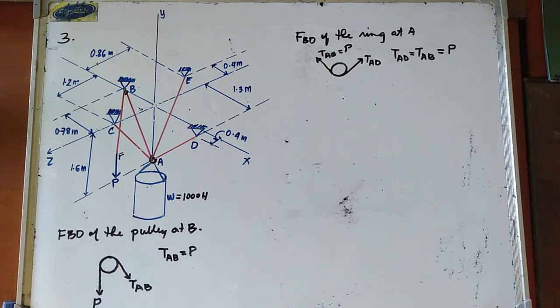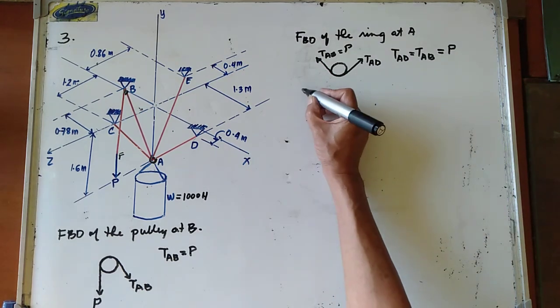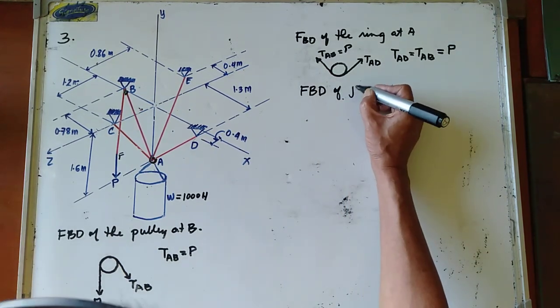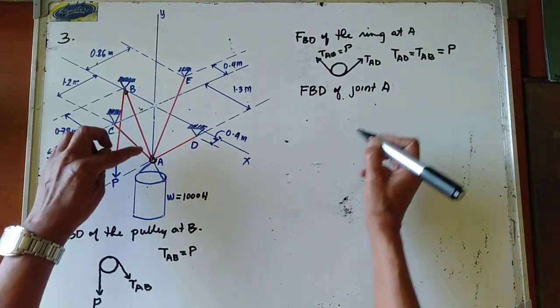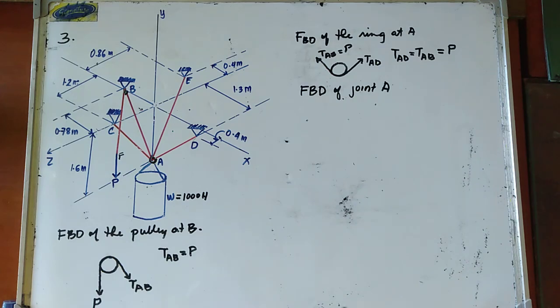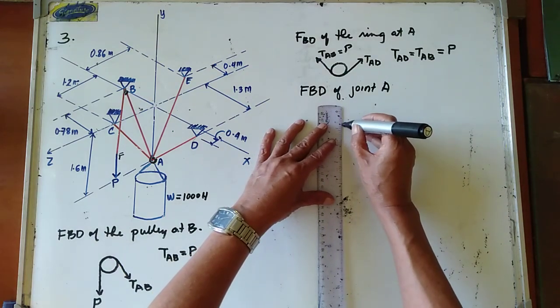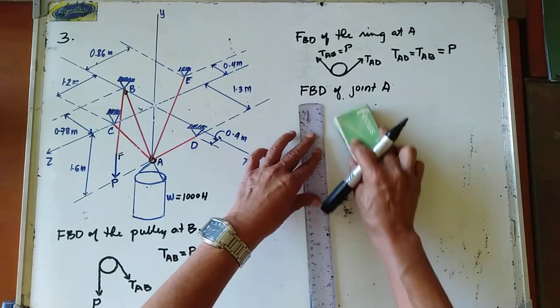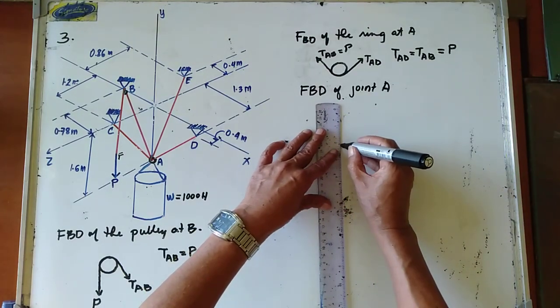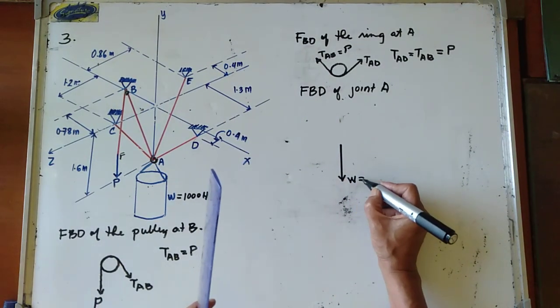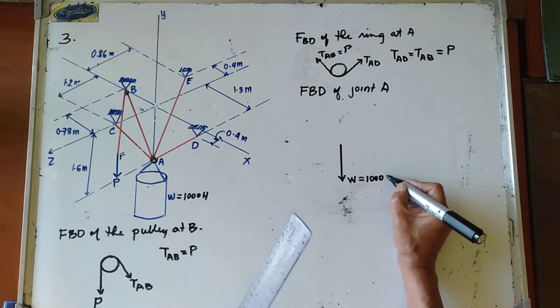Now, let us draw the free body diagram of joint A. So we have the weight of the container, which is equal to W, that is 1,000 newtons.